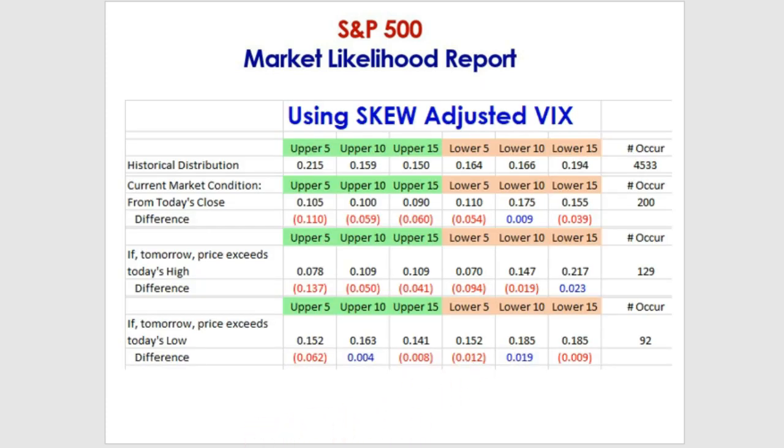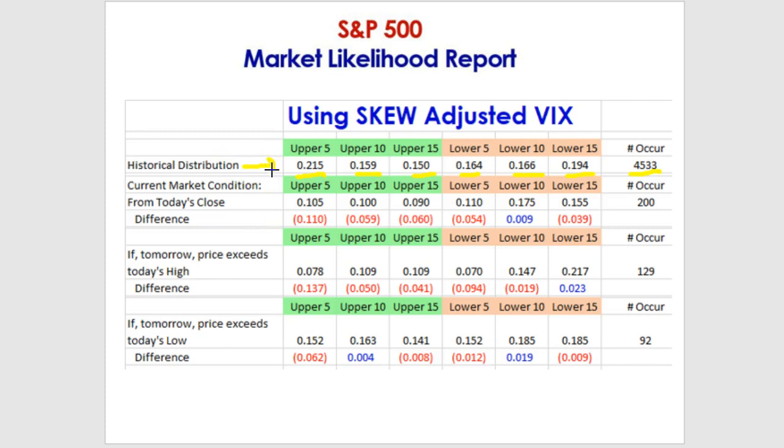Then when you look at the report, we see that for the 4,533 occurrences, the upper 5-day band ended up getting struck 21.5% of the time. The upper 10-day band, almost 16, upper 15. The lower 5-day band, on the downside, was struck 16.4% of the time. The lower 10, 16.6, and the lower 15, 19.4. So these are the benchmark levels.